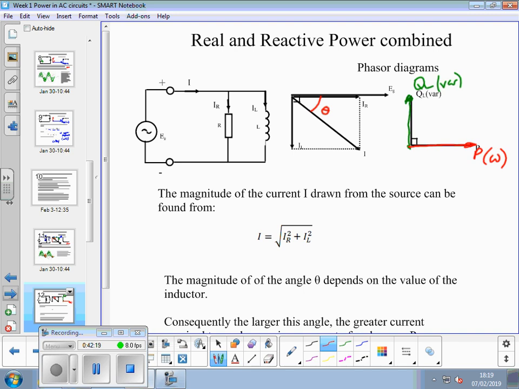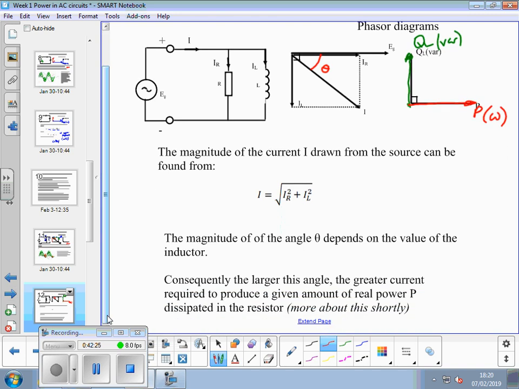And in a minute we're going to consider the combination of those two, which again is the completion of a parallelogram. We'll talk about that phasor up the middle there shortly, which is the third type of power that we need to think about.